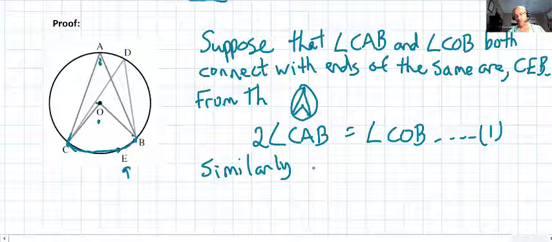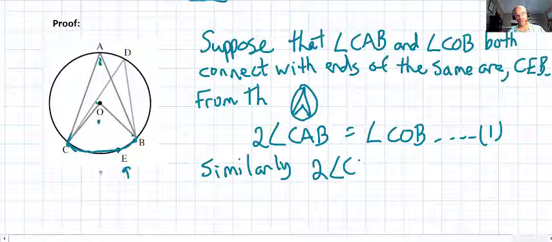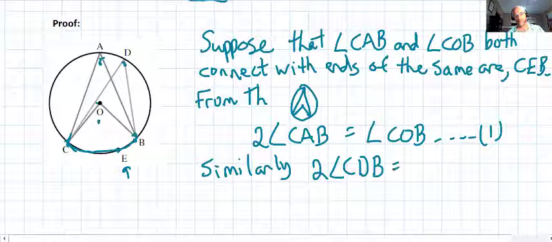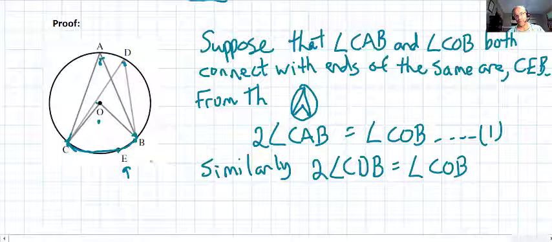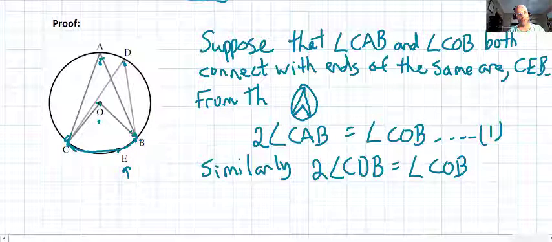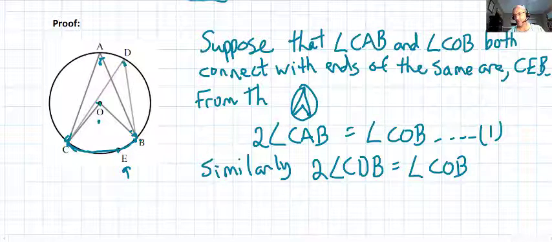And similarly we can say that 2 times angle CDB equals angle COB because of the same reason. Okay, they both have ends subtending this arc. Okay, subtended by the arc.